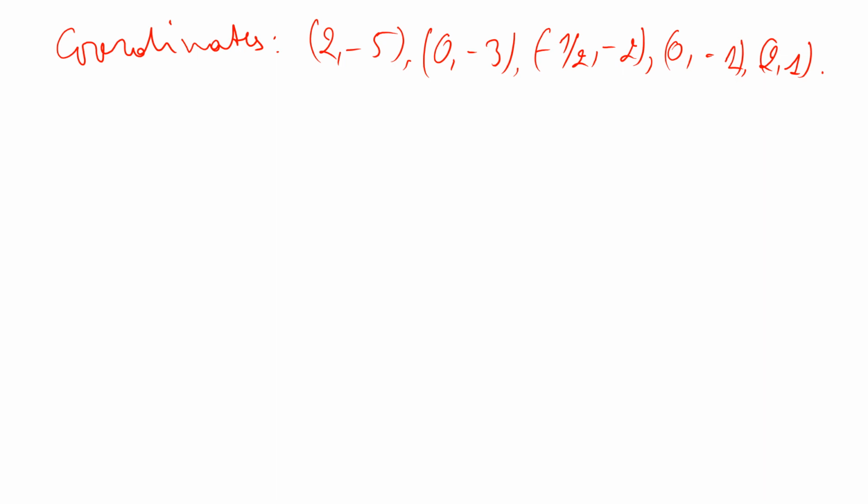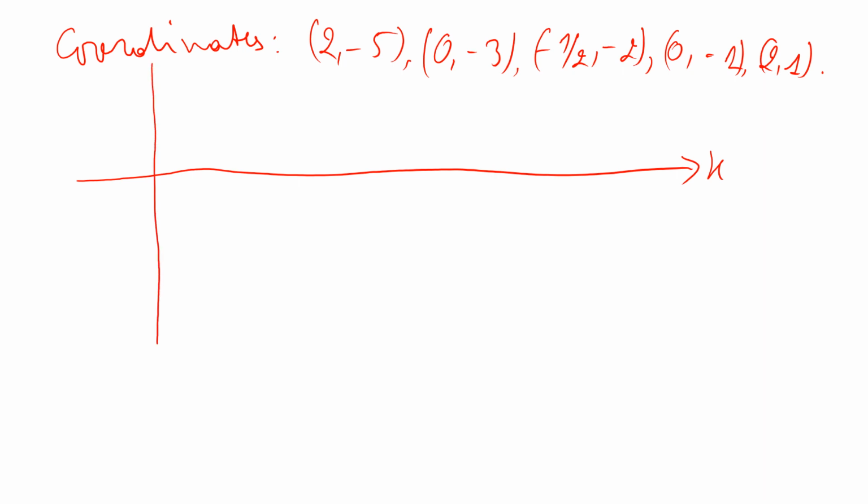Now we are going to plot those points on a Cartesian plane. Here we have the x-axis, and here we have the y-axis. We have 0 here, then 1, 2, 3, negative 1, negative 2, negative 3, and on the y-axis 1, 2, negative 1, negative 2, negative 4, then negative 5.